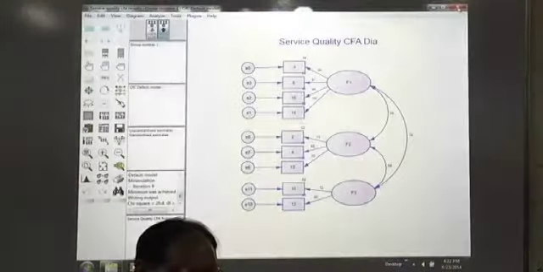So the best way of ensuring that this doesn't happen is that the questionnaire can be combined for all the variables. Okay, don't develop a separate questionnaire for each of the variables.